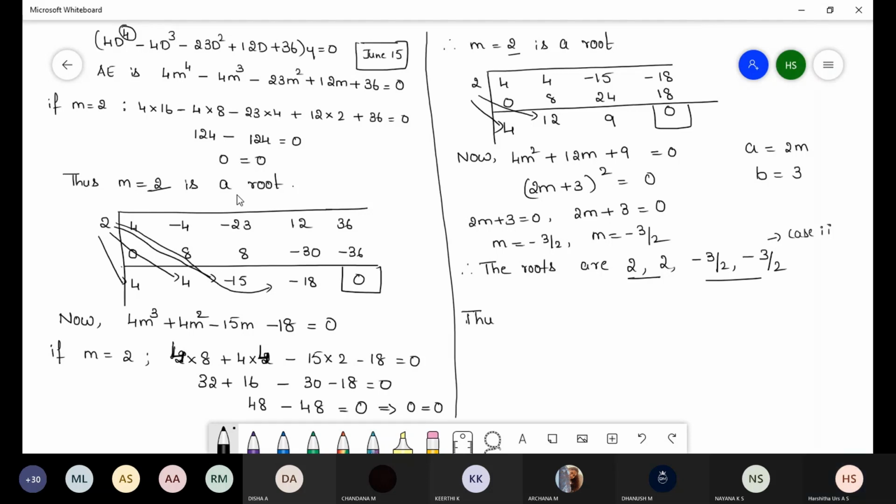Thus, y is equal to (c1 plus c2 x) e power 2x plus (c3 plus c4 x) e power minus 3 by 2 x.